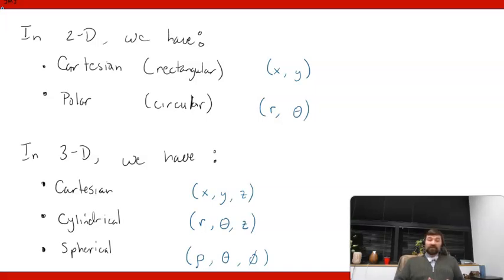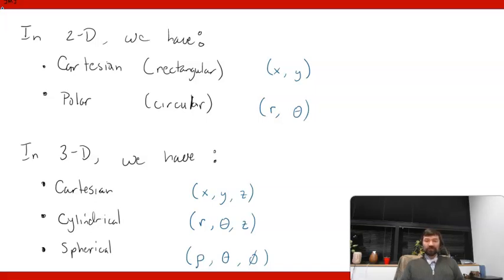Well, that is Cartesian coordinates in 3D. We have the same plus 200 for x, the same plus 300 for y, and we've simply added an elevation, how high up we need to go, plus 6 for z.